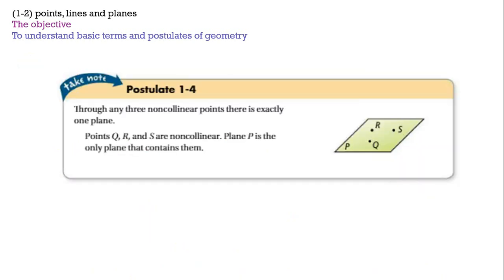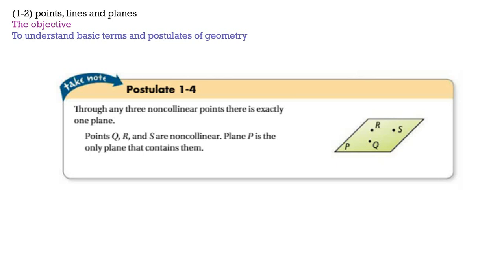So, let's move to the last postulate that we have in this lesson. The last postulate says, through any three non-collinear points, there is exactly one plane. So if you have any three non-collinear points, there is exactly one plane, like this. These are non-collinear points.